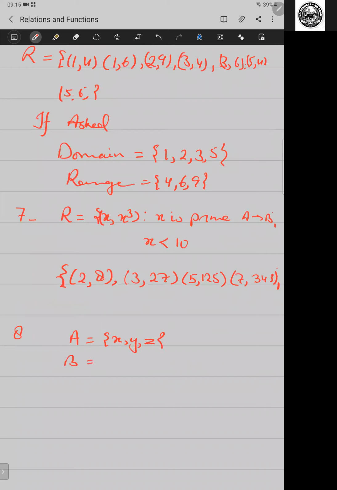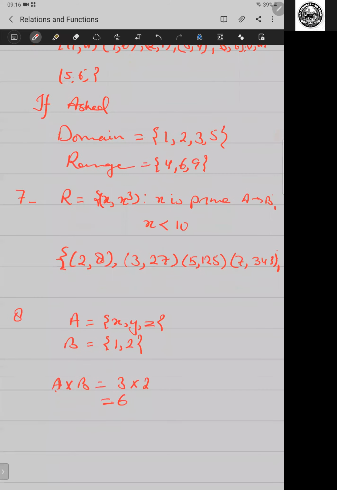Set B is equals to {1, 2}. Now see, find the number of relations from A to B. So first of all, relations are A cross B. That is 3 elements in A and 2 elements in B. So 6 are the relations.